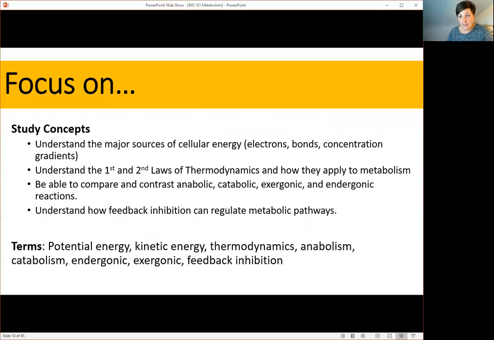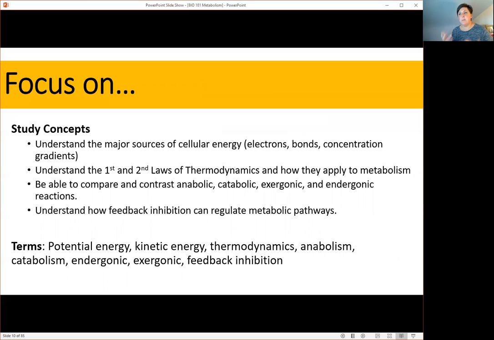So from this lecture, you need to focus on understanding the major sources of cellular energy. So focus on electrons and chemical bonds and concentration gradients especially. You need to understand the first and second laws of thermodynamics and how they apply to metabolism.